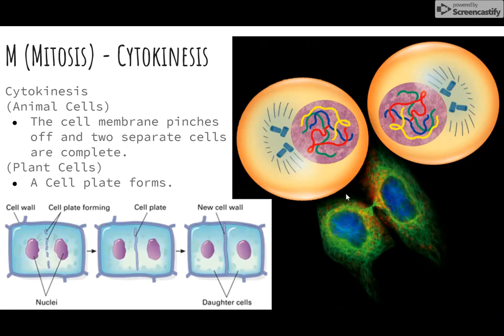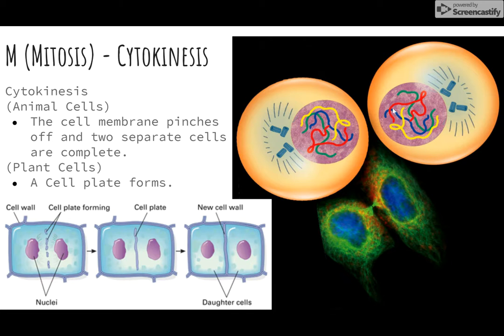Which brings us to our final phase, which is where we have cytokinesis. Cytokinesis is the division of the cytoplasm and the full division of the cells into two separate cells. So you can see here our cells are now fully divided.